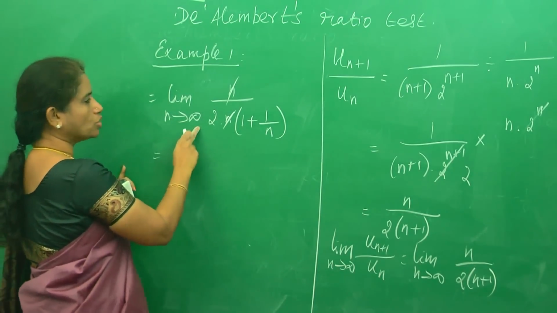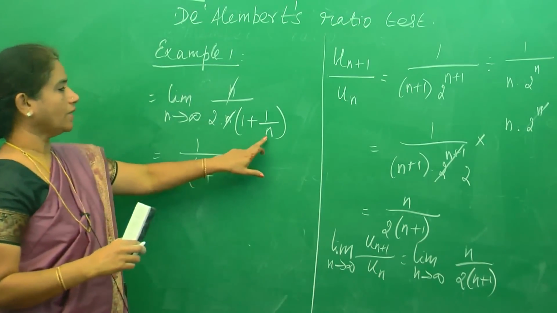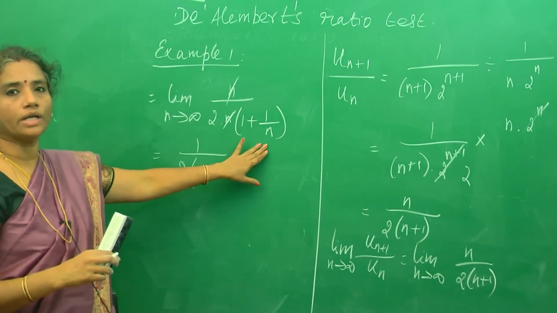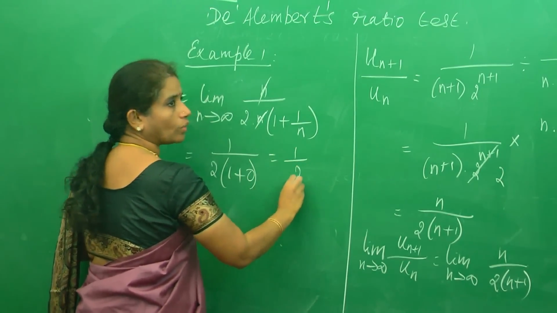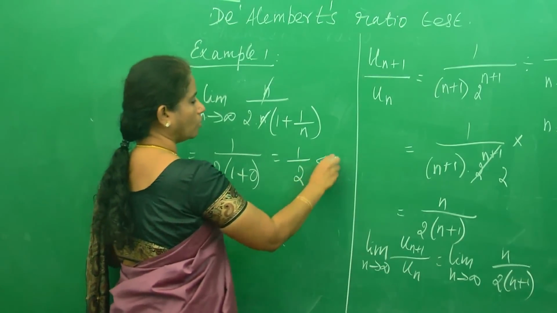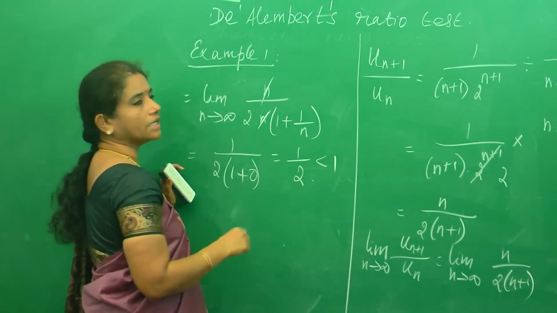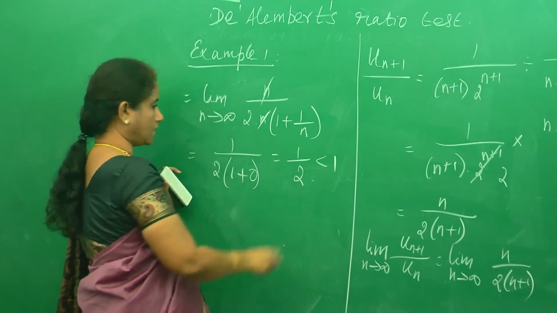And when n goes to infinity, this will become 2 into 1 plus 1 by infinity, which is 0. So what is this answer? This is 1 by 2. And you know 1 by 2 is smaller than 1. So by D'Alembert's ratio test, when this value is smaller than 1, the series converges. Okay.